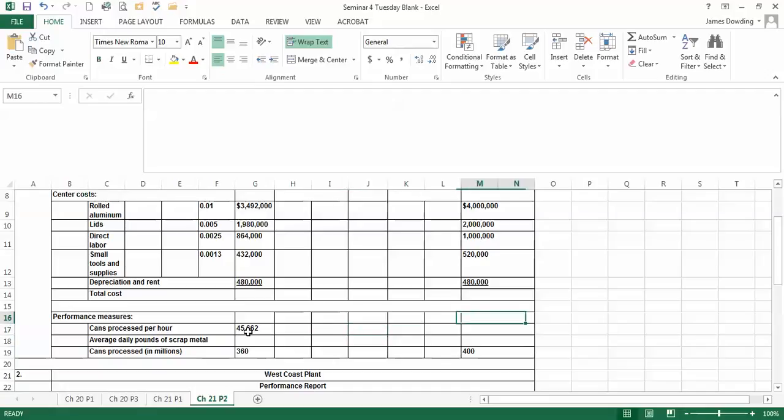Our actual was 41,096. And then our average daily, we had anticipated that we would have 5, but we actually had 6. Housekeep that.